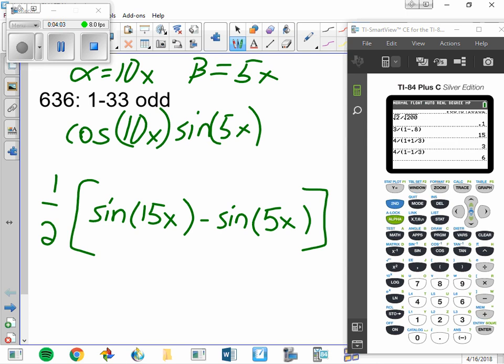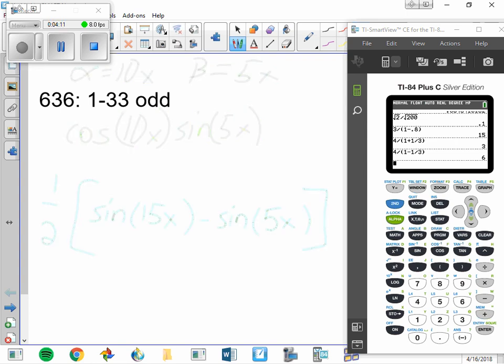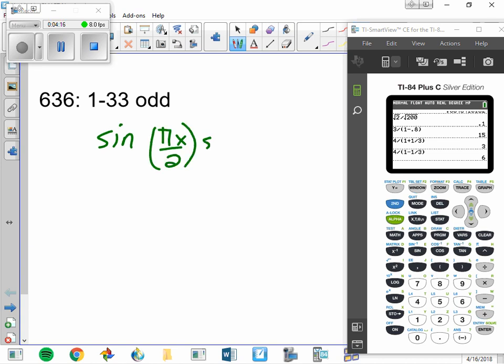Let's do number 8. The sine of pi x over 2 times the sine of 5 pi x over 2. Which formula do we use?